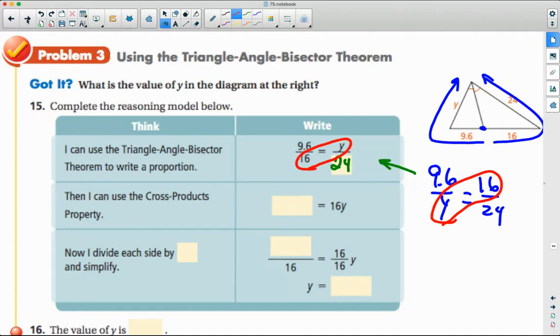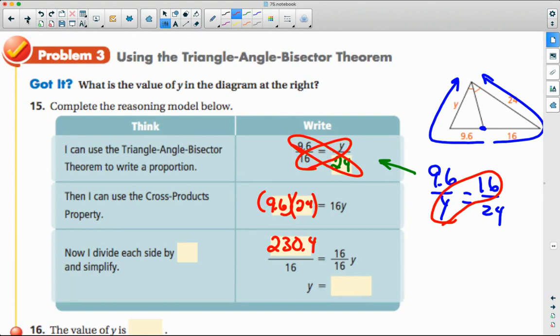The notes here show a slightly different way of thinking, but in the end you get the exact same thing because the properties of proportions come out the same. If I cross multiply, I get 9.6 times 24, which gives me 230.4.